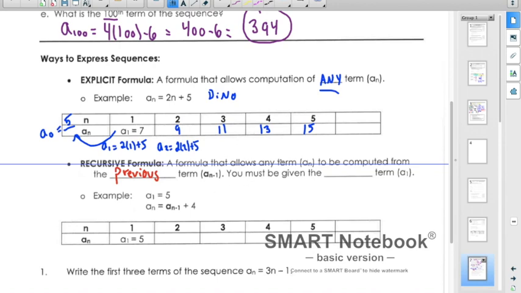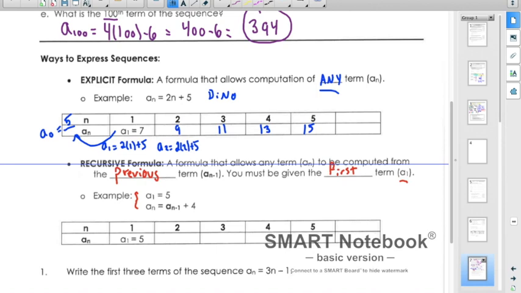You can compute any term you want, but you need the previous term, and you must be given the first term, A sub 1. You must be given the first term in order to find any term using a recursive formula. This is the way a recursive formula is going to look every time. You're going to get two different things. You always need the first term, and then it gives you the next term.